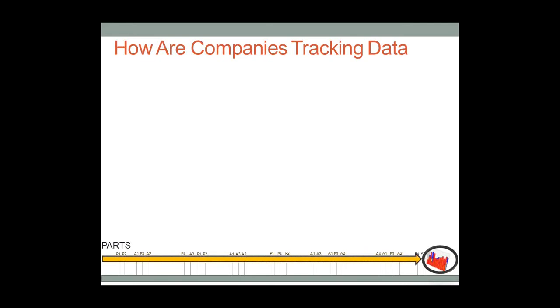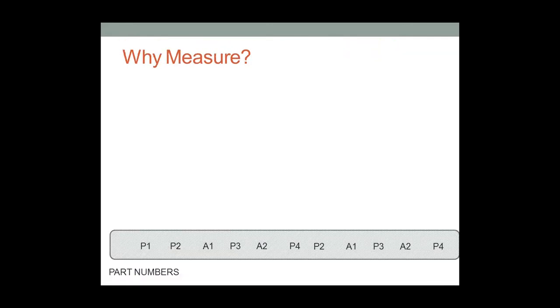We call this shop floor data because the data is directly related to the shop floor activities happening in the plant. When we look at parts, there are different parts and sub-assemblies manufactured across the shop floor. Let's explore why these parts are measured, or the typical reasons why they are measured on the manufacturing shop floor. One, for informational attributes.